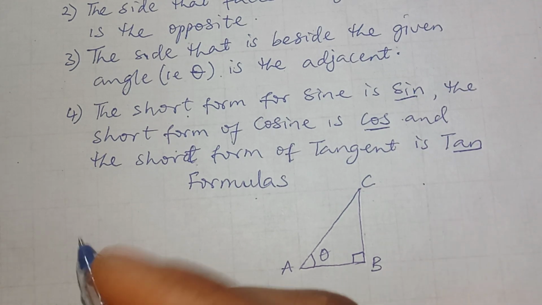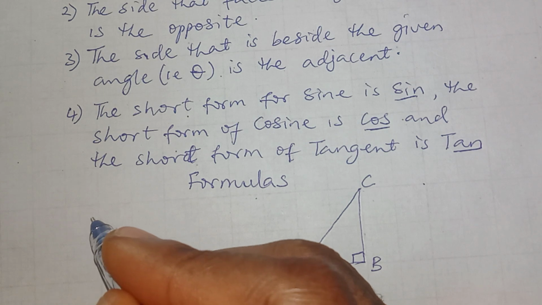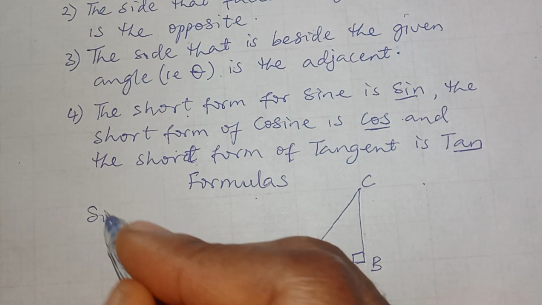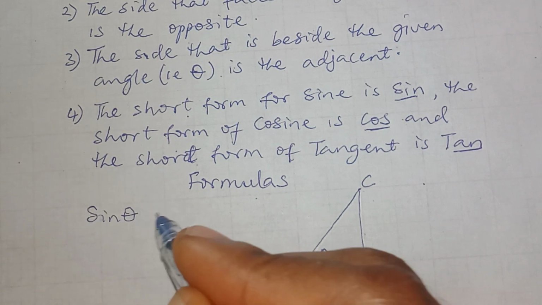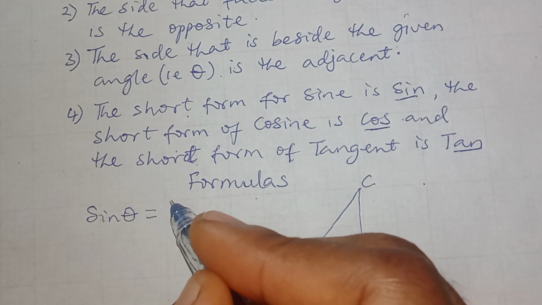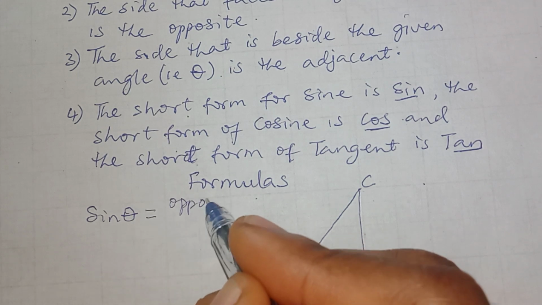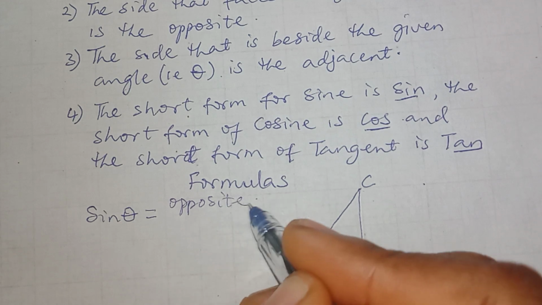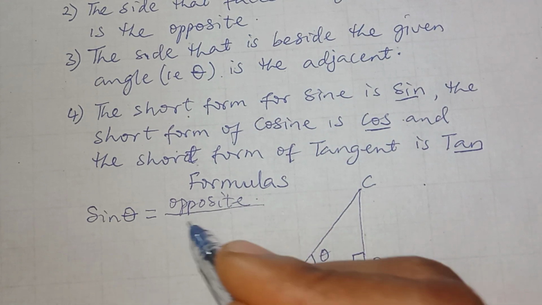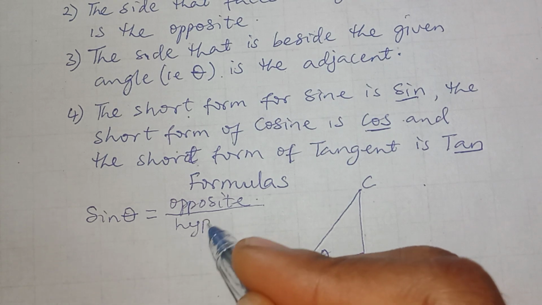The first one is sine theta is equal to opposite all over the hypotenuse.